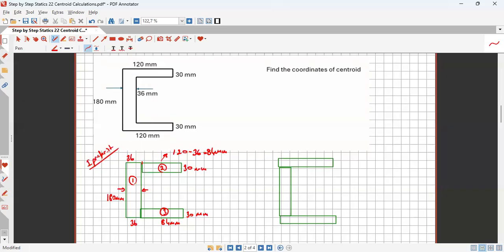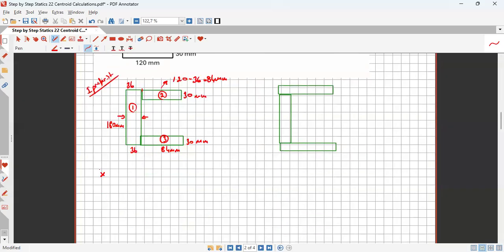Okay, let's calculate x prime: x1 a1, x2 a2, x3 a3 over total area. Our total area will be calculated easily.